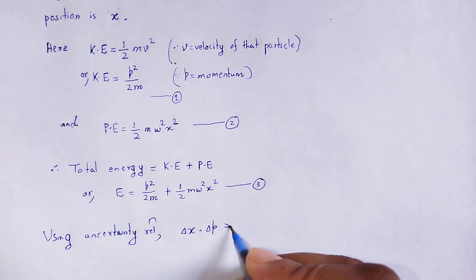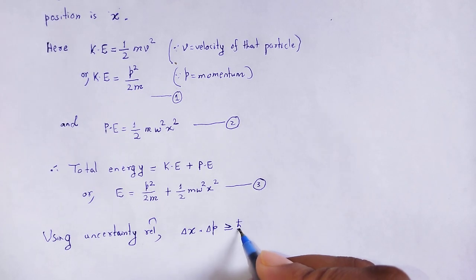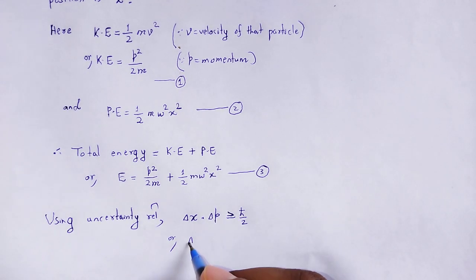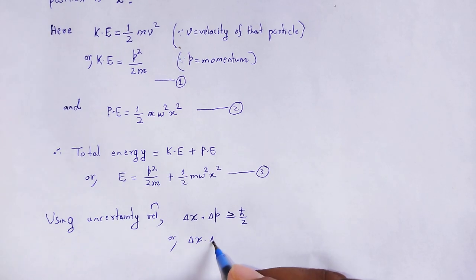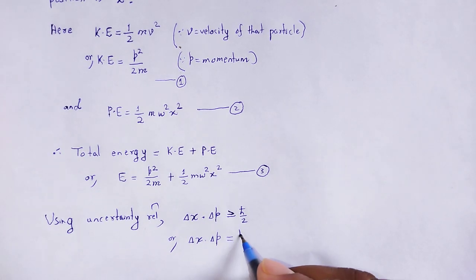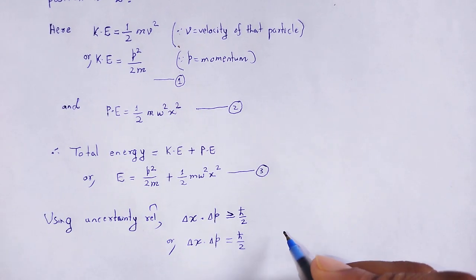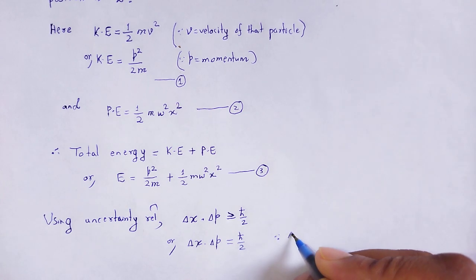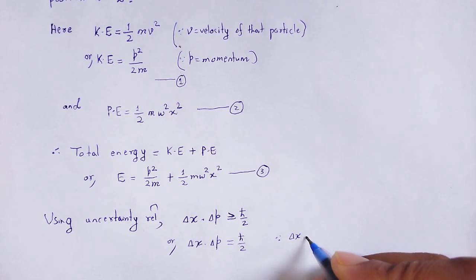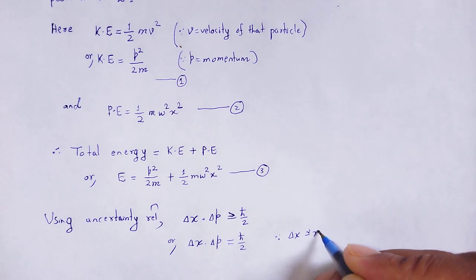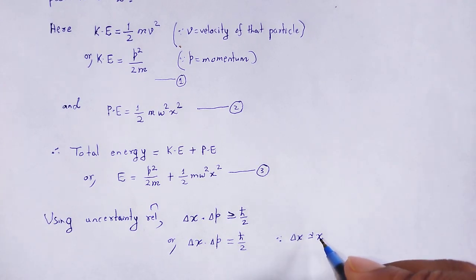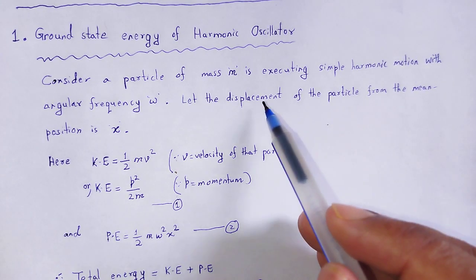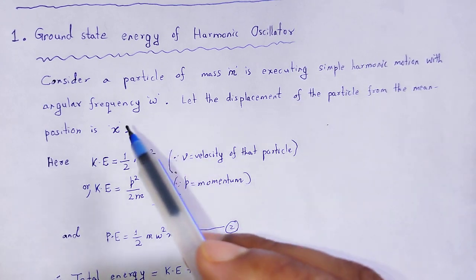is greater than or equal to h cut by 2, or for our convenience we use del x into del p is equal to h cut by 2. In that situation, the uncertainty in position is equal to x, as the displacement of that particle from the mean position is x.